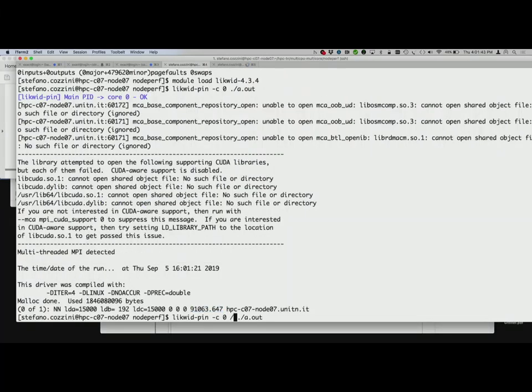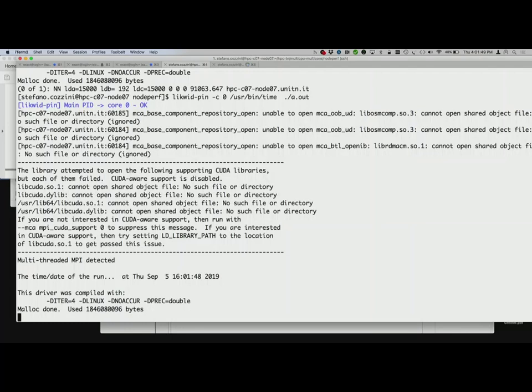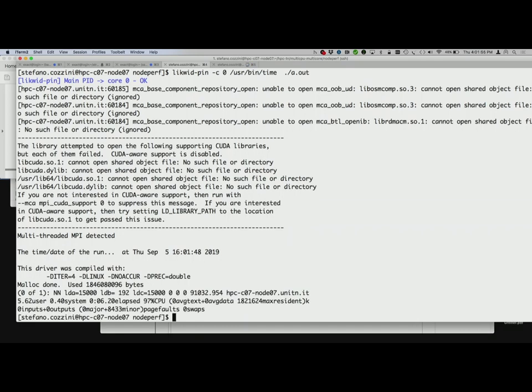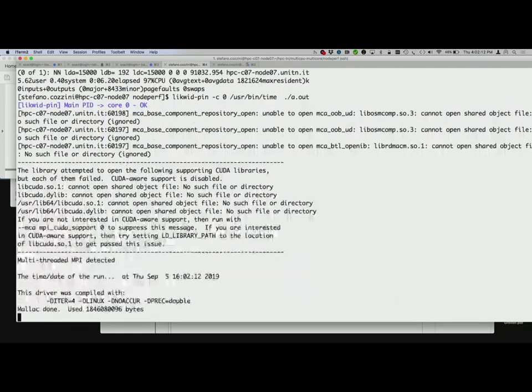But if I do now user bin time, yeah, it looks like something has changed, but I'm not pretty sure if it's just a fluctuation or not.